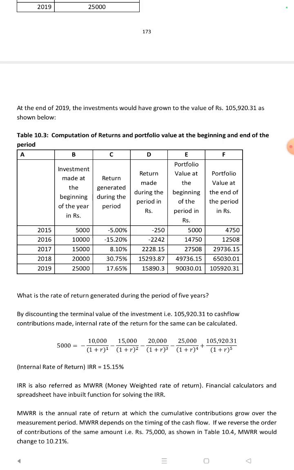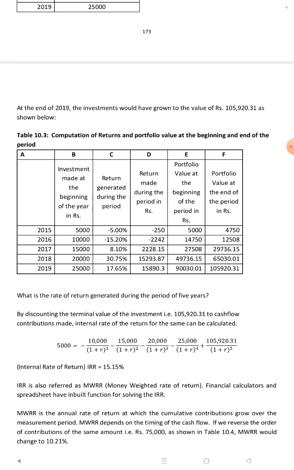2015 to 2019: investment made at the beginning of the year, return generated during the period, portfolio value at the beginning of the period, portfolio value at the end of the period.